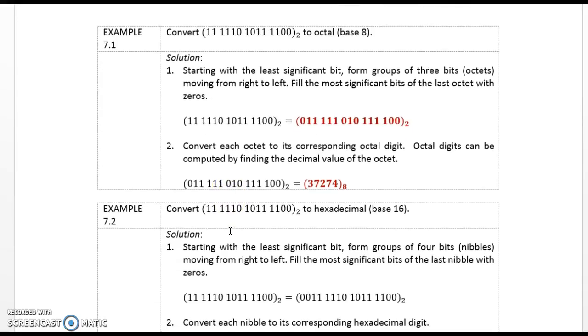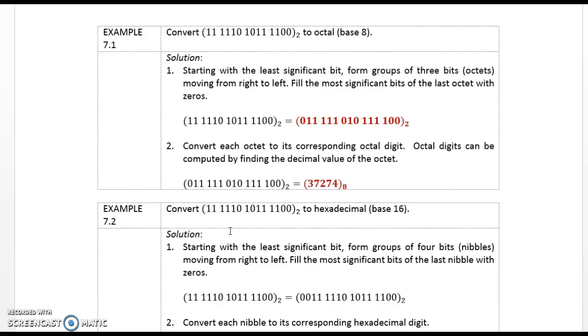Example 7.1, convert 11, 1110, 1011, and 1100 to octal base 8. Well, here what we're going to do is, starting with the least significant bit, form groups of 3 bits, octets, moving from right to left. Fill the most significant bits of the last octet with zeros.